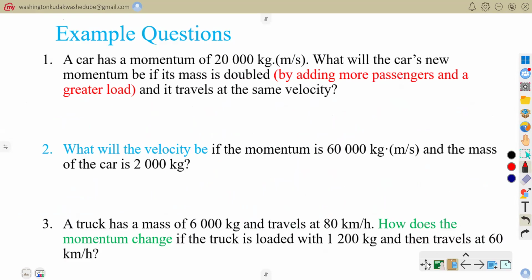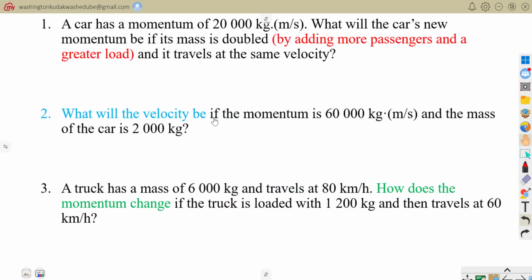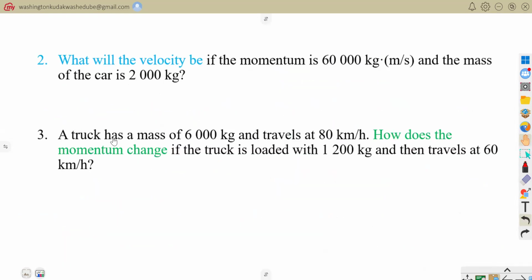Now the question is saying a truck has a mass of 6,000 kgs. Let me just take this up. A truck has a mass of 6,000 kg and travels at 80 kilometers per hour.